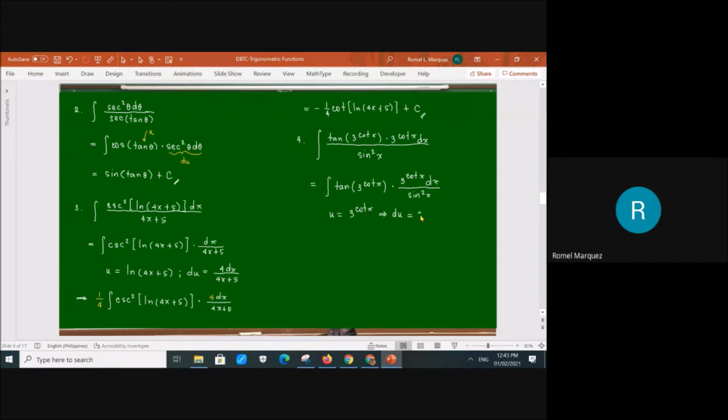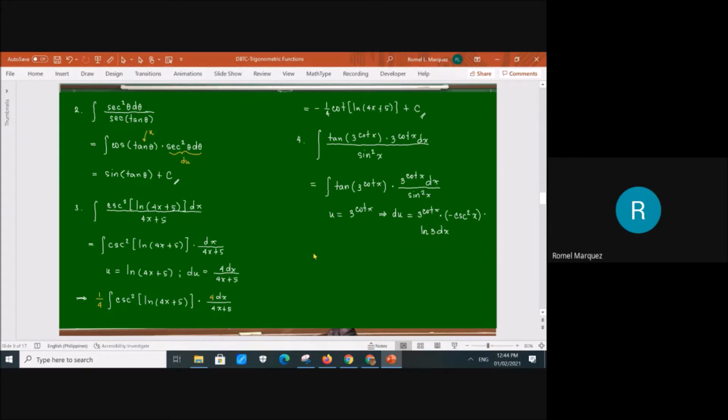Derivative is 3 to the cotangent x times the derivative of cotangent, negative cosecant squared x. Am I right, guys? Or what else? The multiplier times ln 3, right? Then dx, okay? So times this.